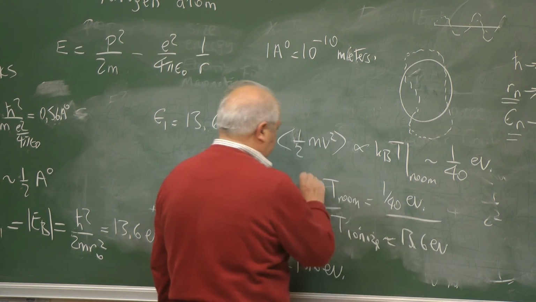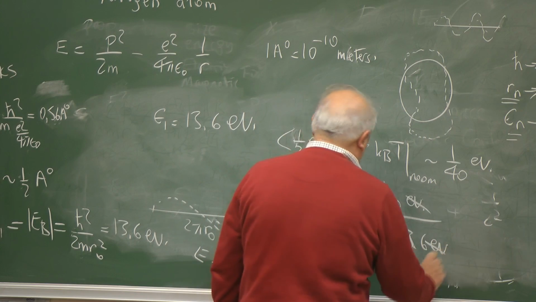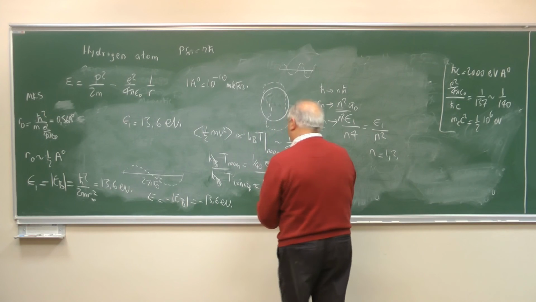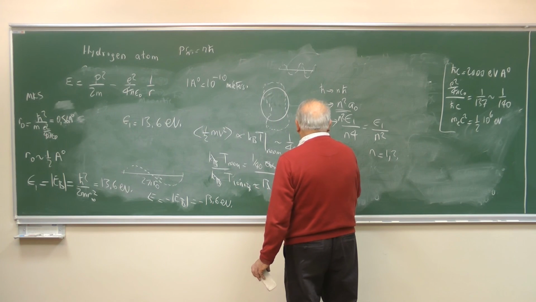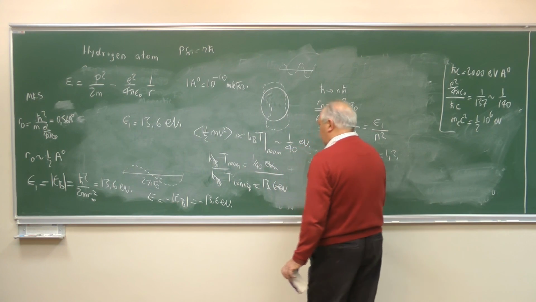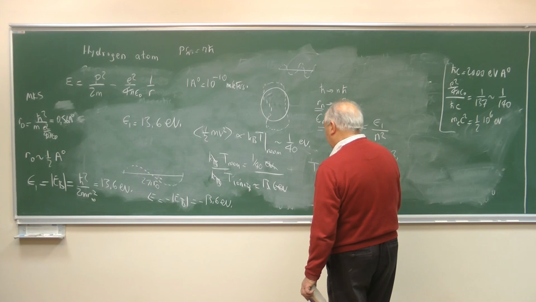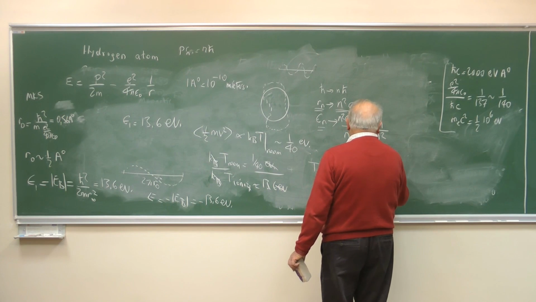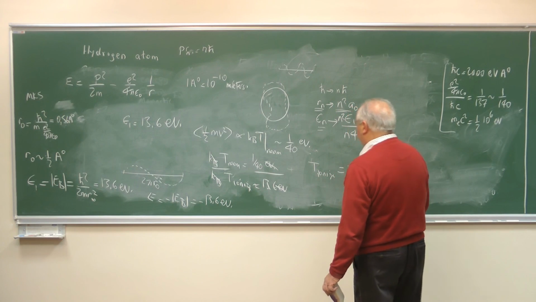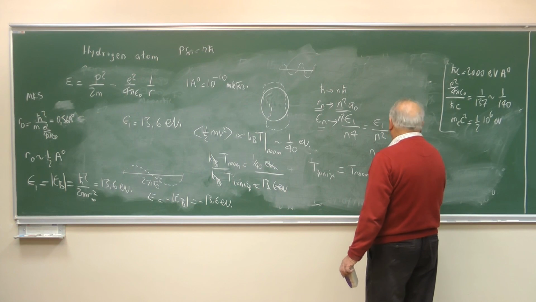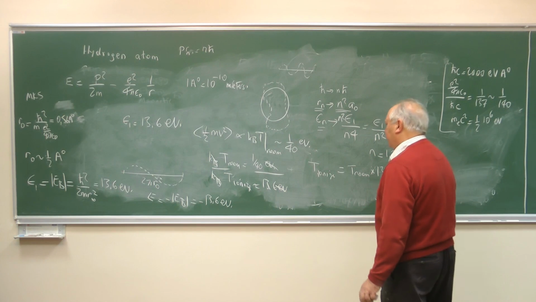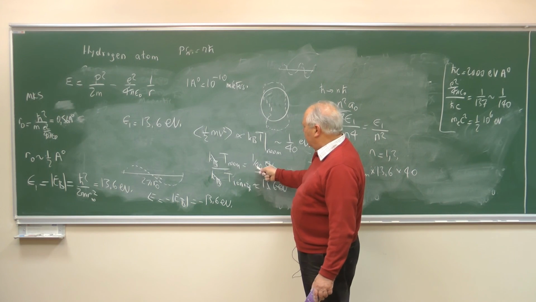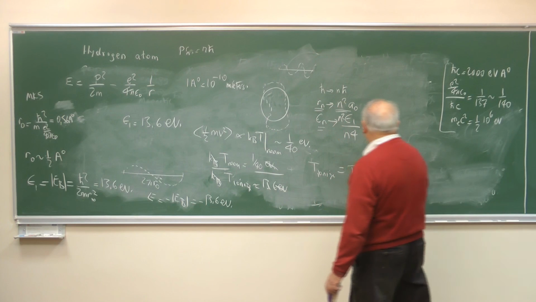Let's divide by kB, electron volts go away, and T ionized equals T room times 13.6 times 40. You are dividing by 1/40, and 40 flips over to the top.